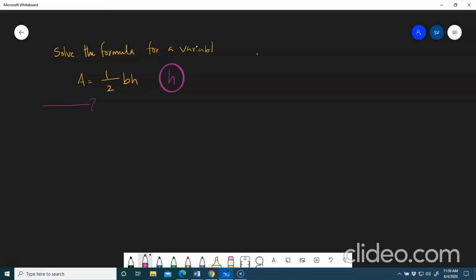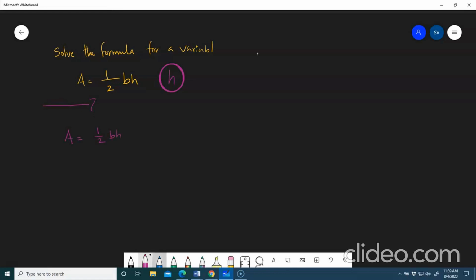So this is also another type of question in this part of solving equations, or finding the solution of an equation or a formula. So how can we solve this? Our question is a equal to 1 by 2 bh.